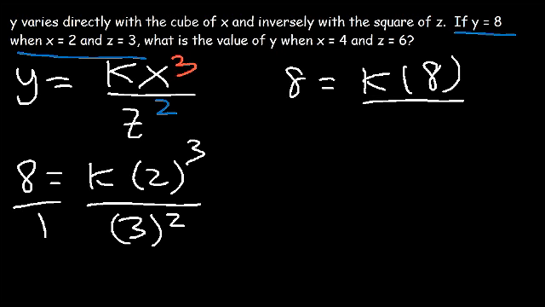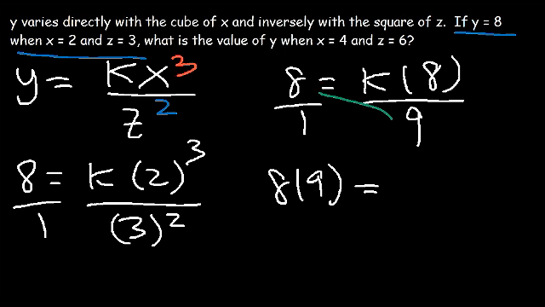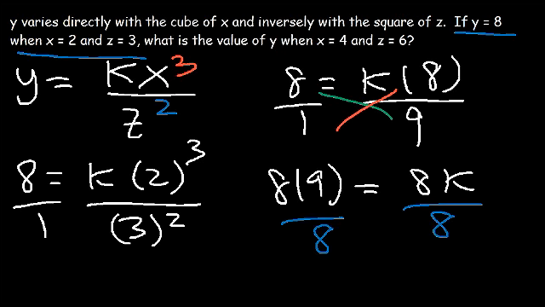And 3 squared is 9. So let's cross multiply. So 8 times 9, I'm just going to leave it as 8 times 9. It's 72, but you'll see why. And then on the other side we have 8k. So notice that if we divide by 8, the 8s will cancel. So we can clearly see that k is equal to 9.